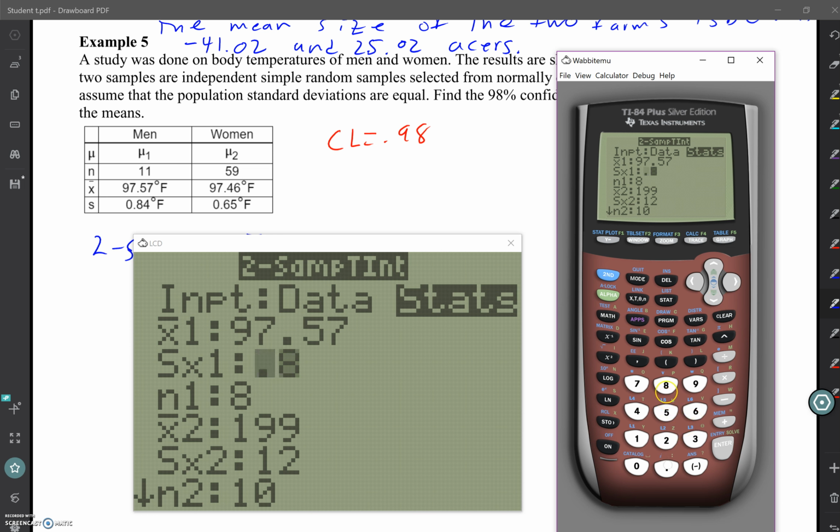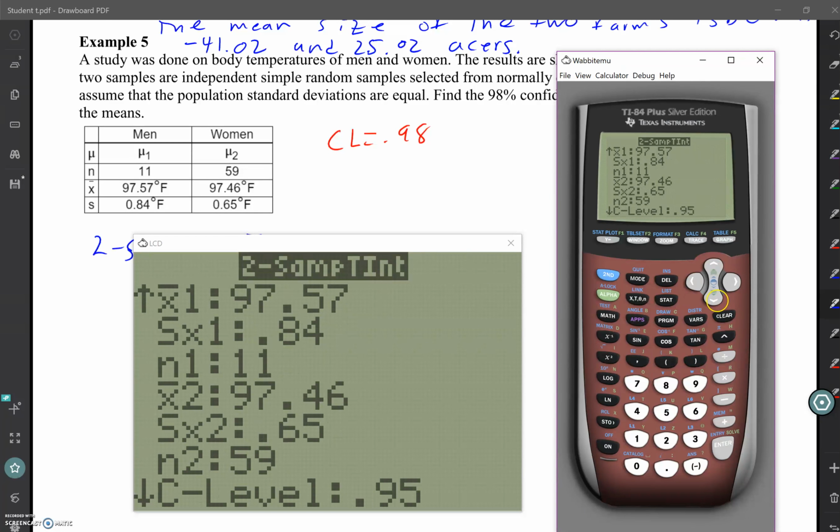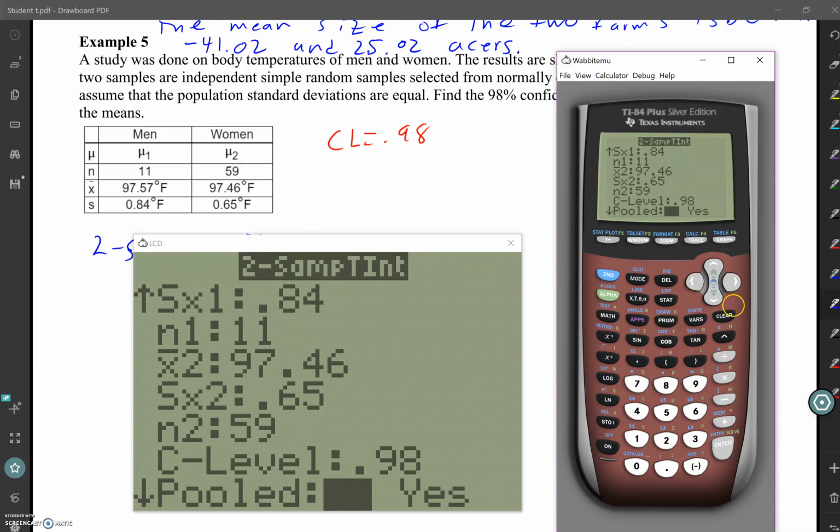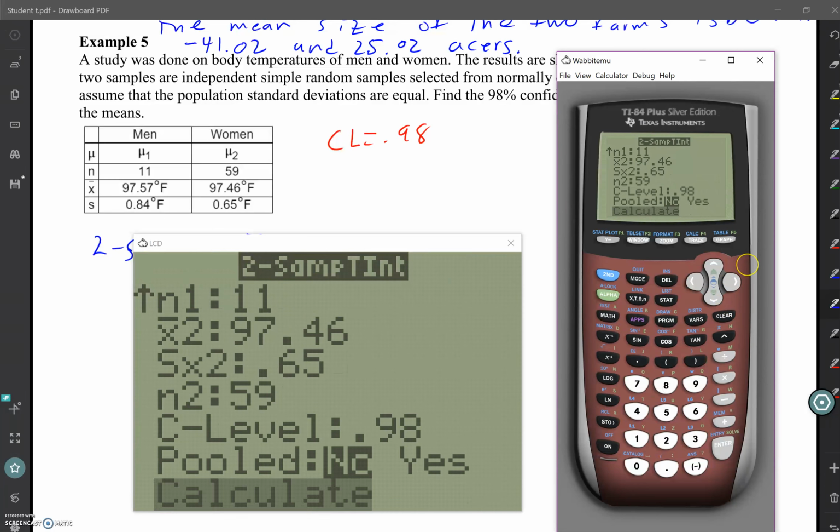Standard deviation is 0.84. And n is 11. X bar 2 is 97.46. S is 0.65. And n is 59. And we want to be 98% confident. So we want to put in a 0.98. And make sure you leave pooled as no. You don't want to change that portion of it at all.